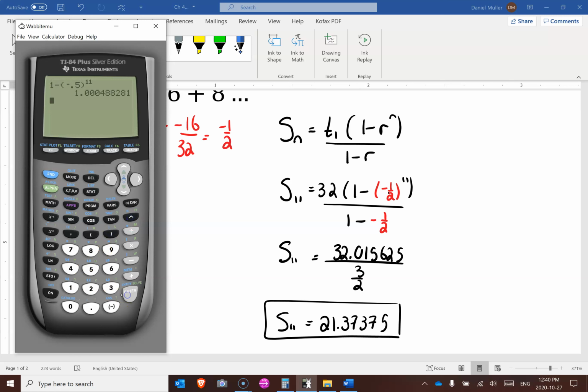So you can figure out what that is, and then times that by 32, and you get 32.015625, and then divide that by 1.5, and you can get 21.34375. So it is some fancy calculator work here, and that's really the only thing that we can do when we choose to sum up a huge number with such a small ratio like this.